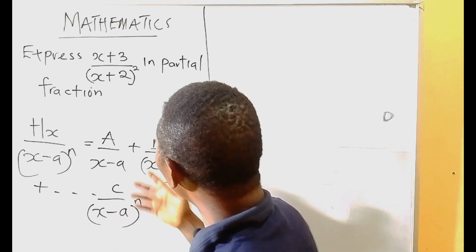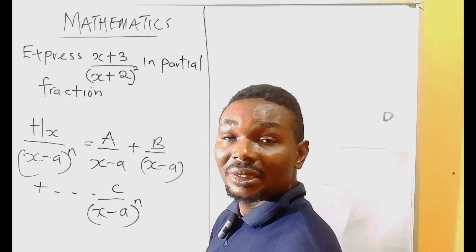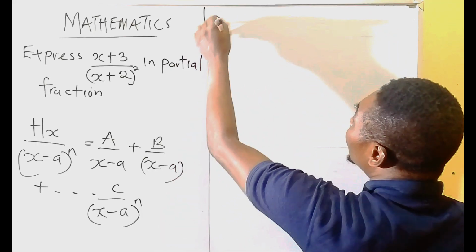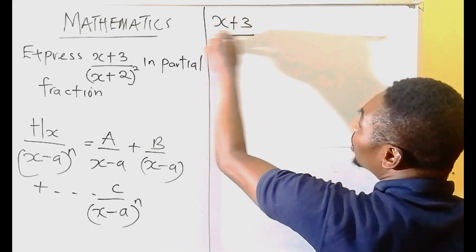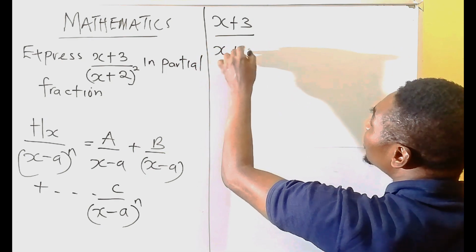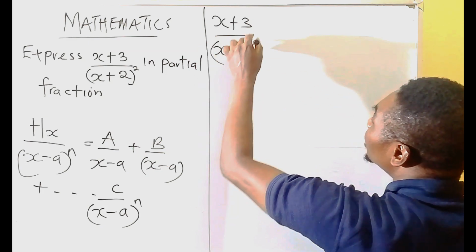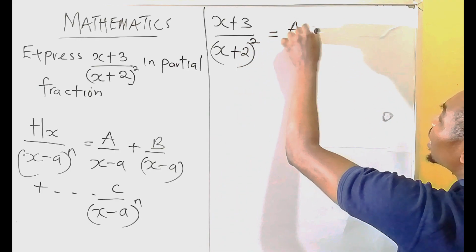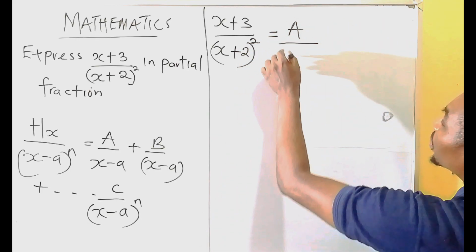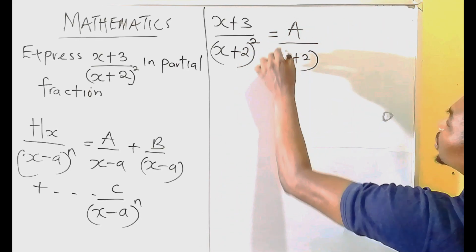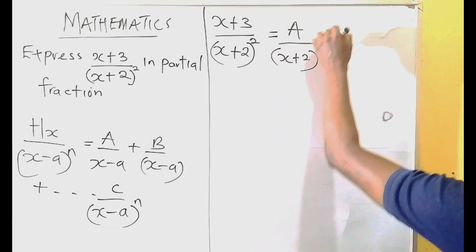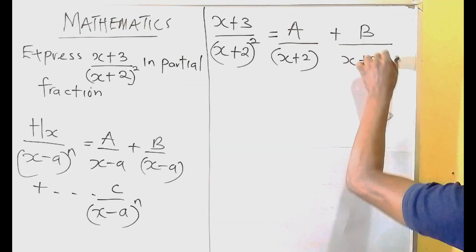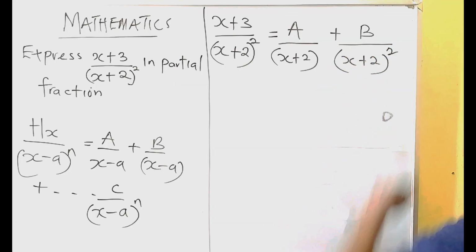So to solve this in partial fractions, (x plus 3) over (x plus 2) raised to the power 2 is equal to A over (x plus 2) plus B over (x plus 2) raised to the power of 2.